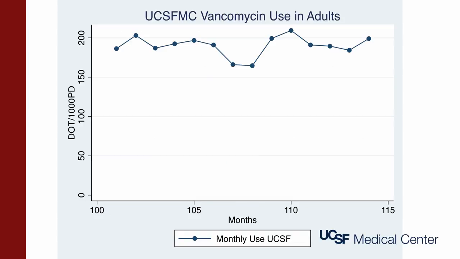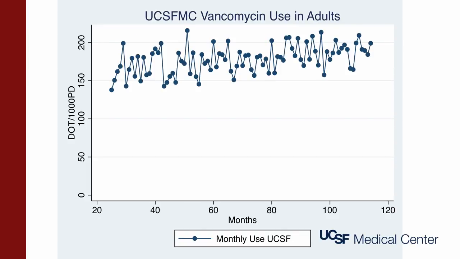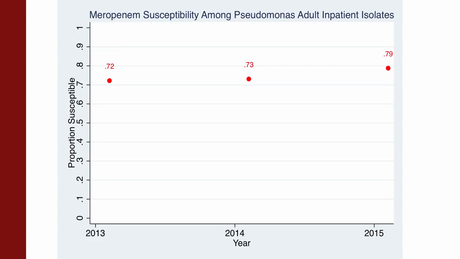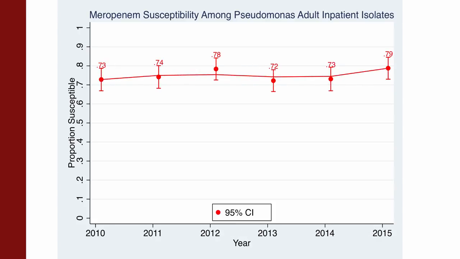Note as well the impact that the axis scale has on the perceived magnitude of the fluctuations. Tracking usage over longer time periods can account for seasonal and other fluctuations and reveal long-term trends that may indicate targets for stewardship intervention. Tracking stewardship metrics over longer time periods, as in the example here with meropenem susceptibility in Pseudomonas, can collapse some of that month-to-month noise and may give confidence that a trend that is apparent is actually real.